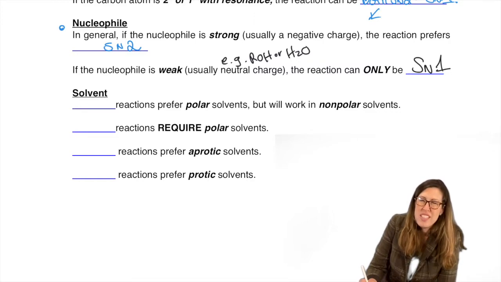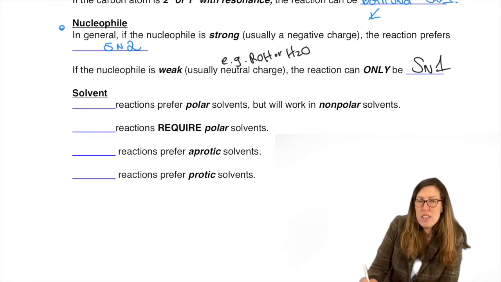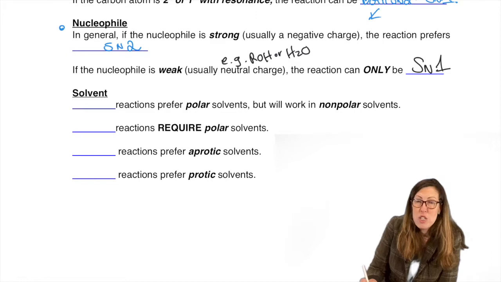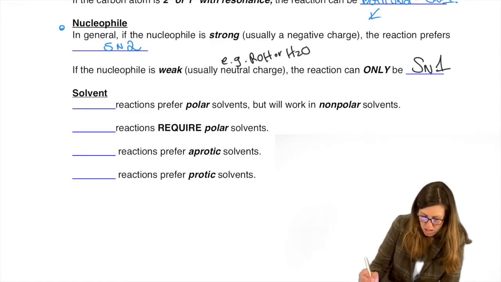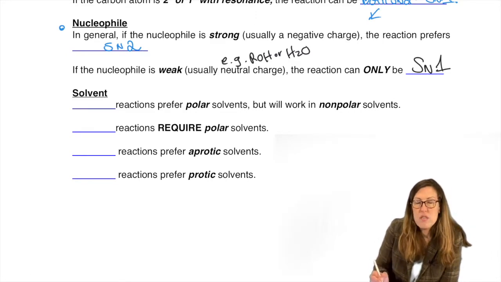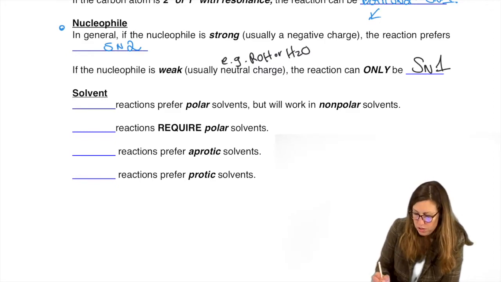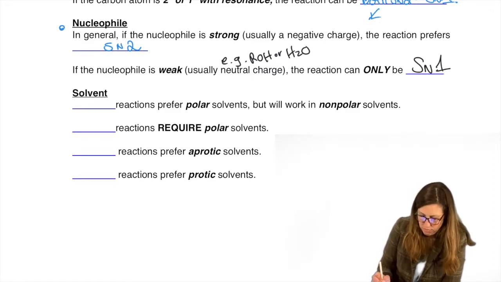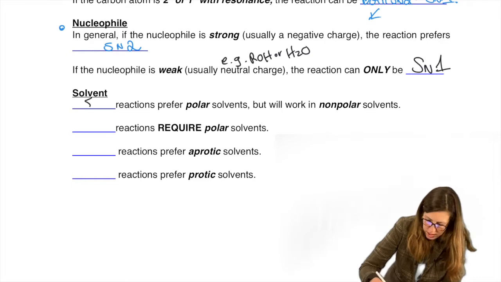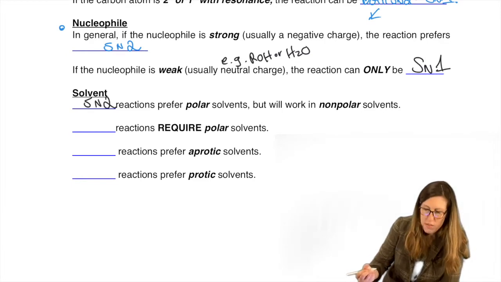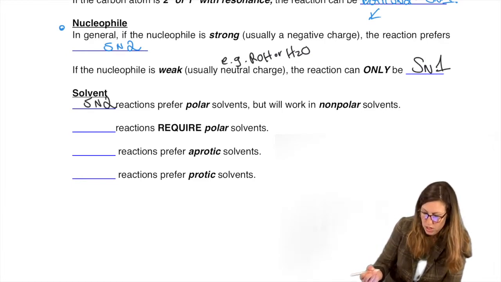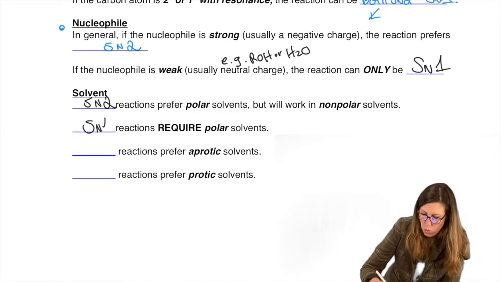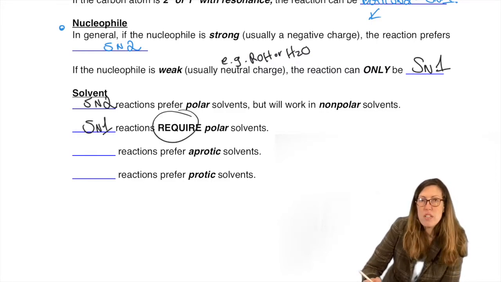Solvents, once again, if you get to have your choice of how to speed up a reaction or promote one reaction over the other, then you can pick the ideal solvent as follows. SN2 reactions actually do prefer polar solvents, but will work in nonpolar. But SN1 will not work in nonpolar solvents.